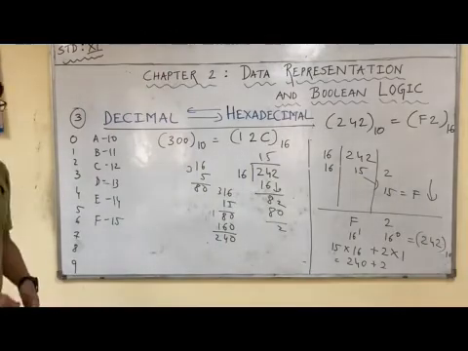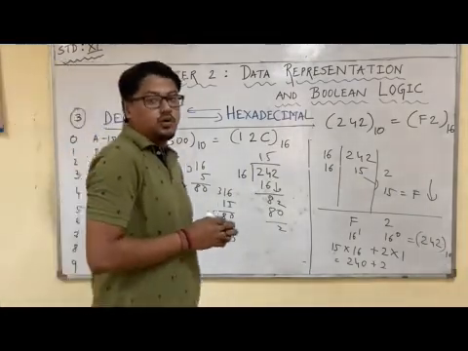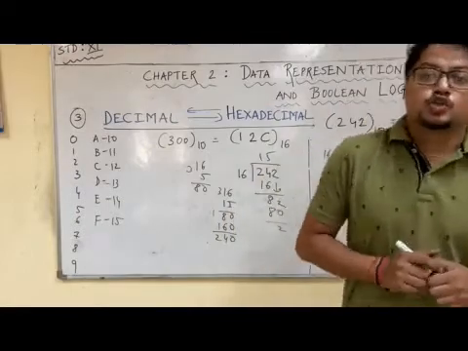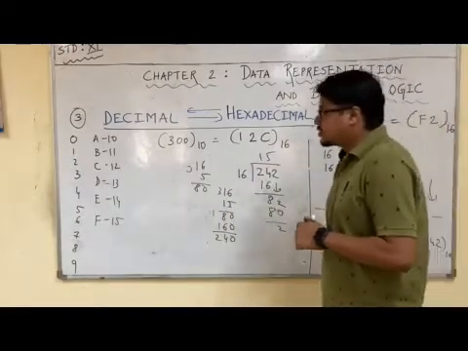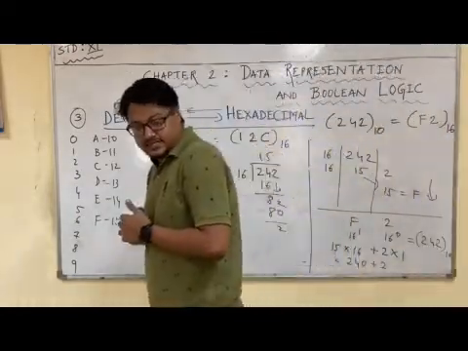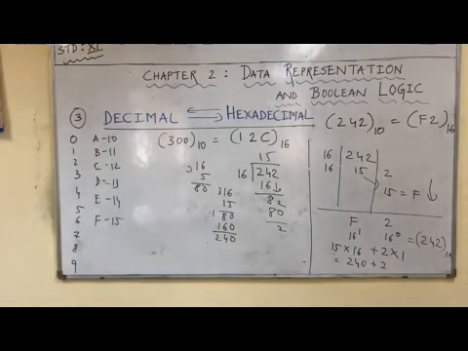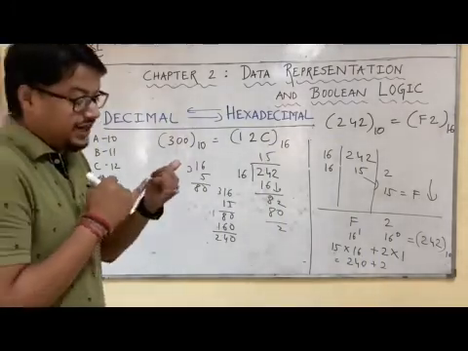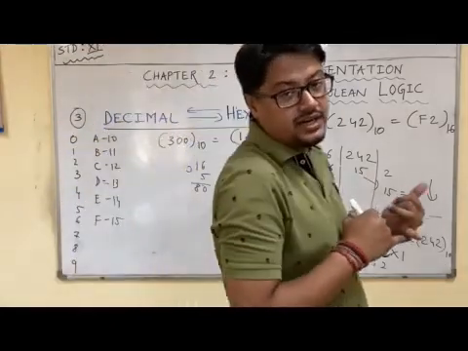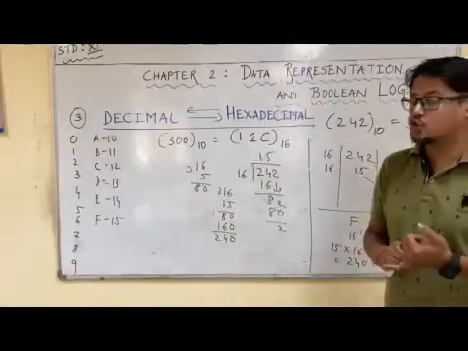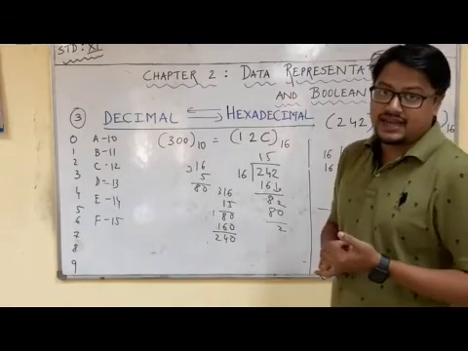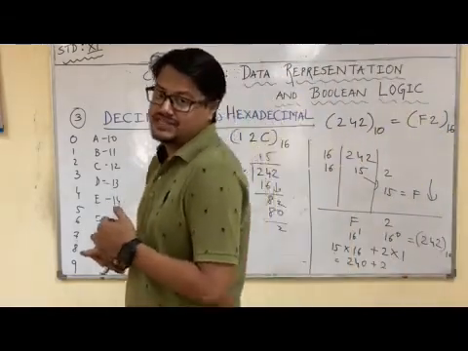So students, this was the conversion from decimal to hexadecimal. In this video, we saw what bits are, and the meaning of 0 and 1. Predominantly, we saw number systems: decimal, base 10, binary, base 2, octal, base 8 and hexadecimal, base 16.